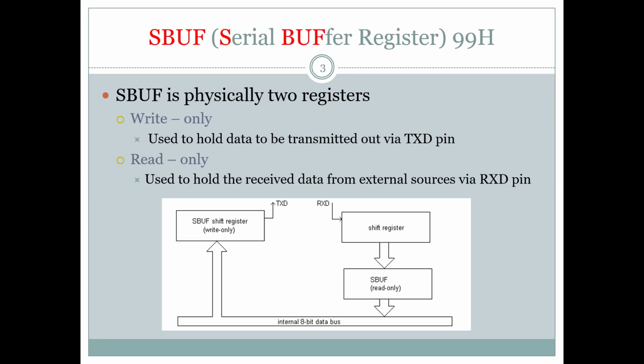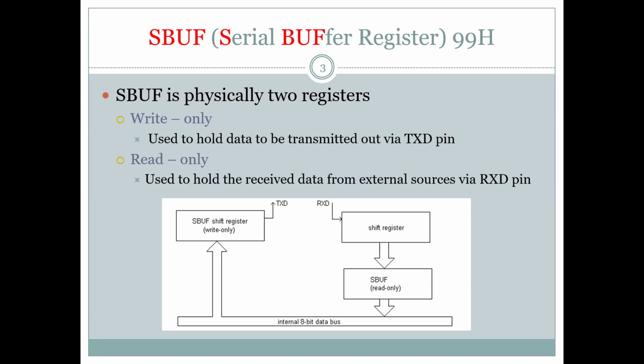But we have a single register that holds the data, SBUF. Physically, there are two registers inside the communication circuit. One is a write-only register, which holds the data to be transmitted out by the TXD pin. SBUF holds the character to be written by the CPU.